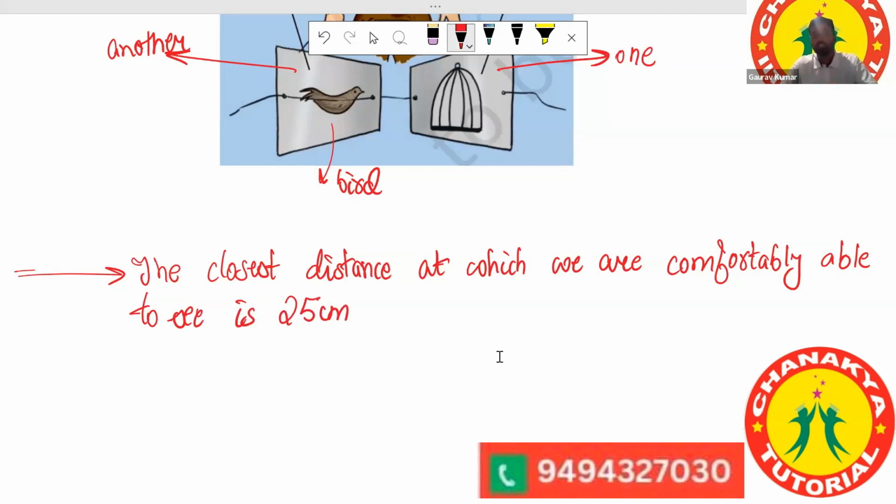For a normal person, reading at 25 centimeters is very clear, without any effort. But if you bring it closer than 25 centimeters, it will put strain on your eyes, and you may not be able to see it clearly. Fine, these are the small details that I needed to tell you.